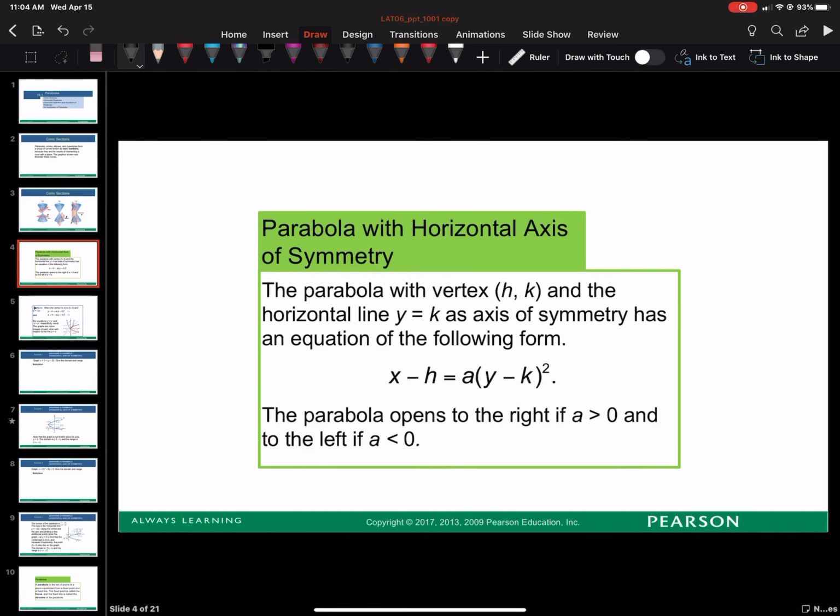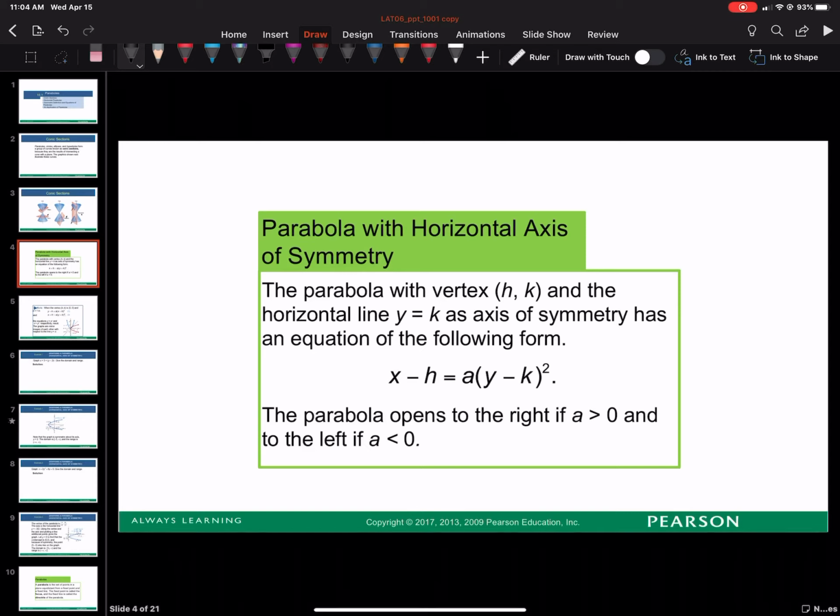So, parabola with horizontal axis of symmetry. It says a parabola with vertex (h, k) and the horizontal line y = k as the axis of symmetry has an equation of the following form: x minus h is equal to a times (y minus k) squared.